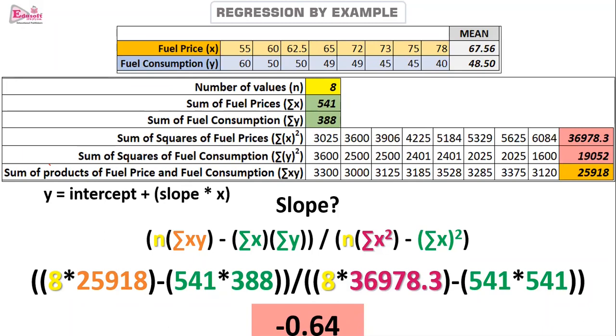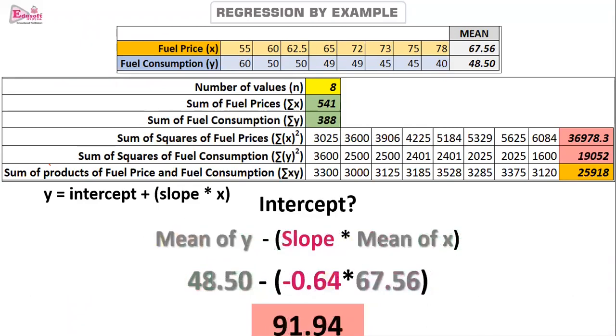Next step is to calculate the intercept. Looking at the formula for intercept now. Intercept can be calculated only if you have calculated the slope, because that is used in the formula. So intercept is fairly simple. The average of Y is used to deduct the product of slope and the average of X. The average of X is 67.56, as you see at the top, the mean of the fuel price.